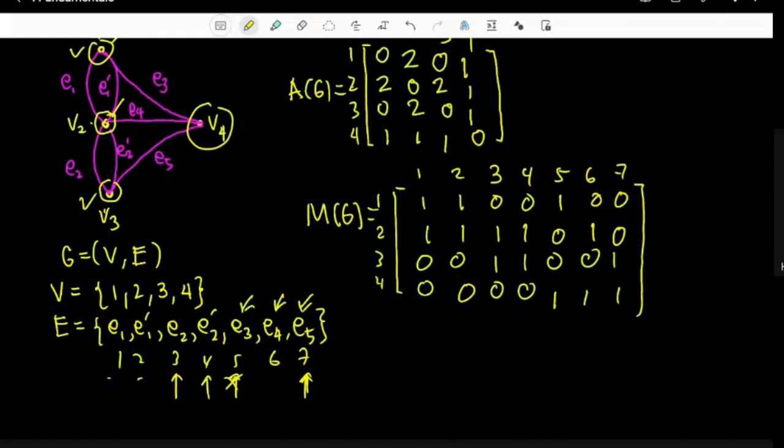For example, if we construct our graph in reverse from the incidence matrix, how do you know that there are parallel edges? If you look at this edge and this edge.